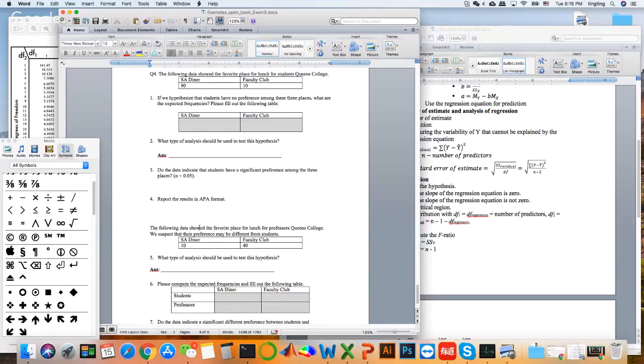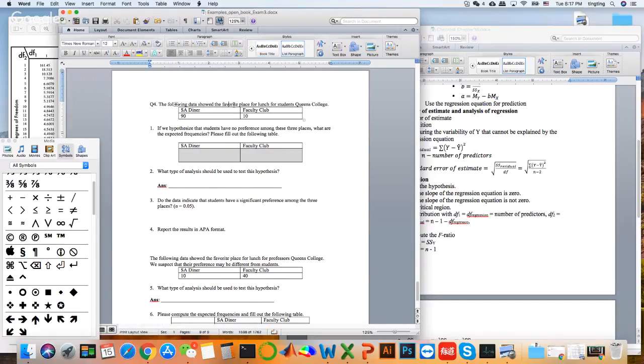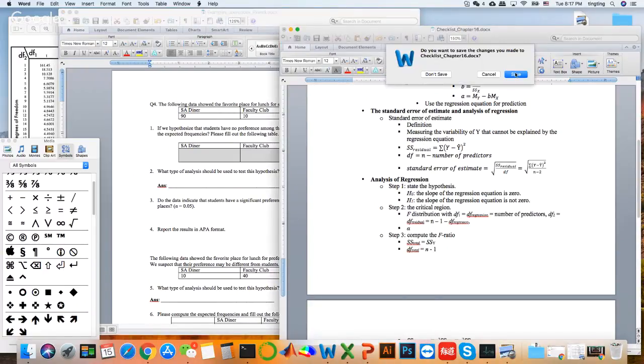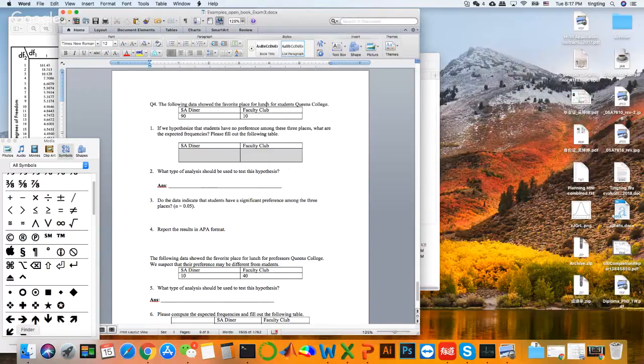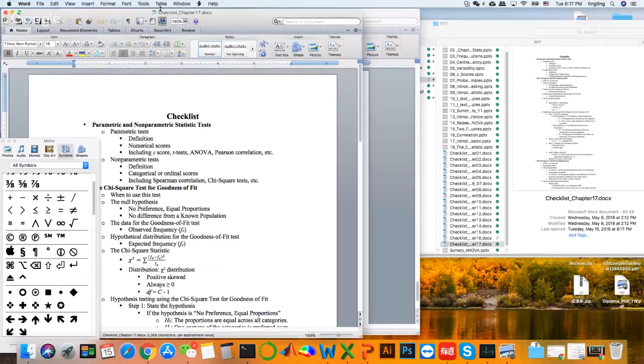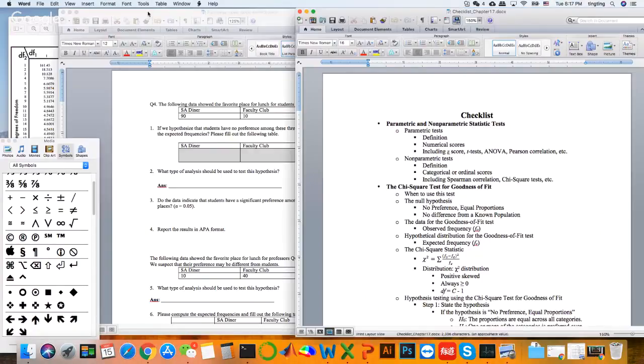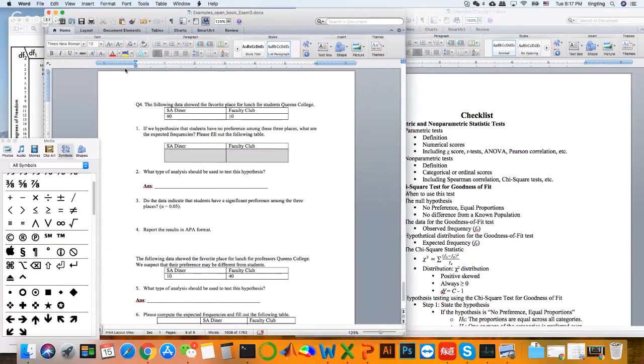The last one, right? So here is the frequency table, which means we need to use chapter 17, which is the chi-square test. Let's read the question first.